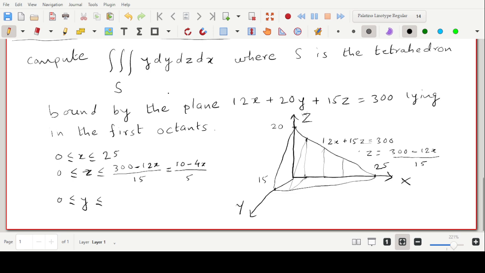Also consider this triangle that is lying parallel to the largest triangle in the YZ plane. Also this triangle. Also this triangle.